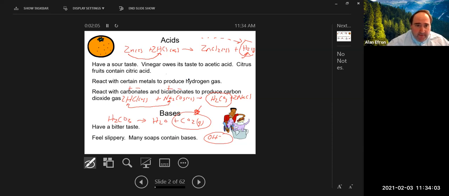Formula is going to help you obviously write the proper equation that you might need to do. So it's really important to remember how to do that. Again, as we talked about, it really all revolves around oxygen. If there's no oxygen, those are your acids that start with hydro and end with ic, like HCl. It's hydrochloric acid. If it does have oxygen, it typically will have one of those polyatomic ions in it.